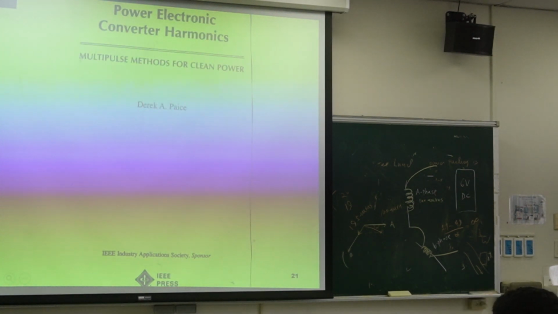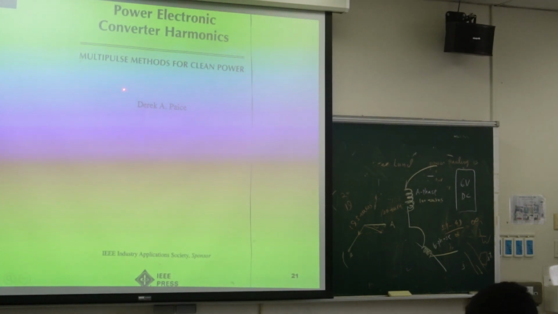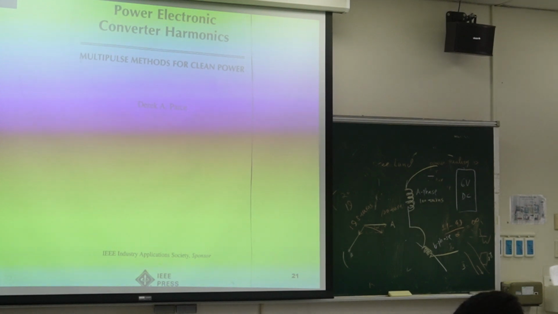So if you are interested in this topic, then you can use the keyword multi-pulse method for clean power. So if you use multi-pulse method, what do you mean? You use transformer, right? You design special transformer to create different pulse.